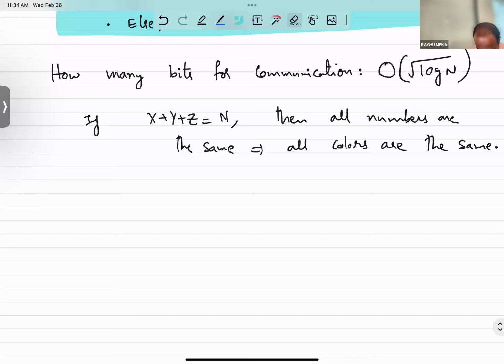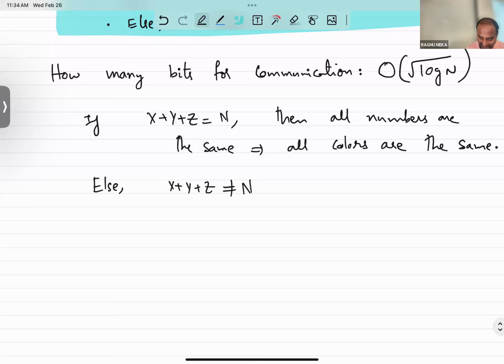Now, what if x plus y plus z is not equal to n? Then what should happen? D is non-zero. So we have a non-trivial 3AP. And if it's a non-trivial 3AP, they cannot have the same color. Right? Because by definition of our coloring, I cannot have 3 distinct numbers which form a 3AP in the same color class.